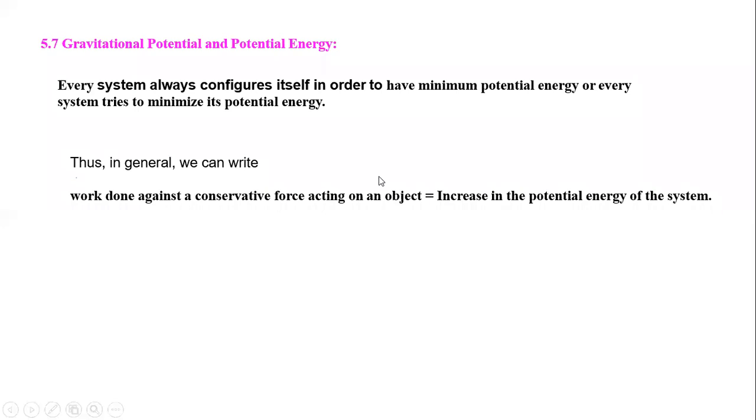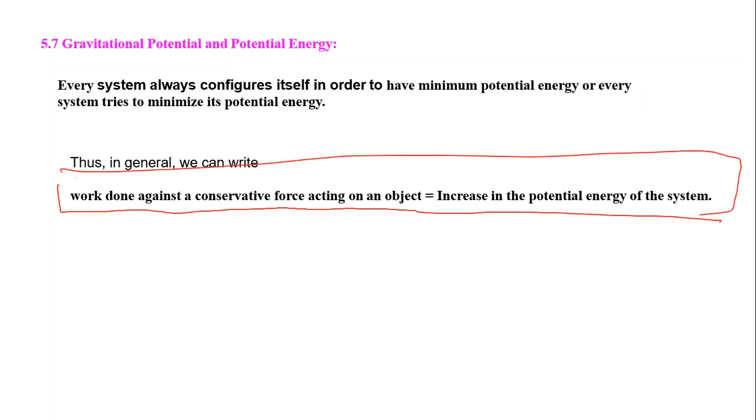In general, we can write: work done against a conservative force acting on an object is equal to the increase in potential energy of the system. For example, when we are lifting any object to a certain height, potential energy increases. So work done by the conservative force is equal to the increase in potential energy.